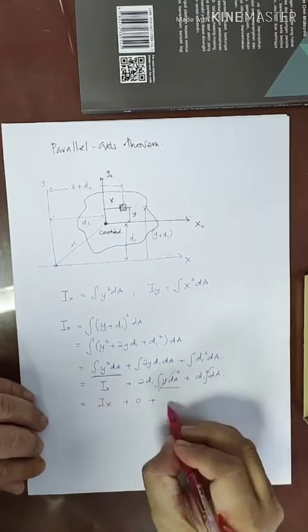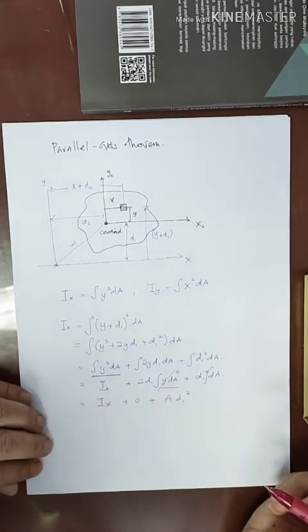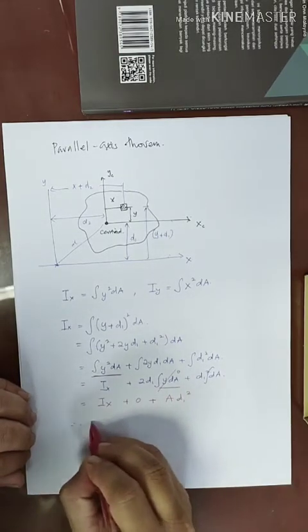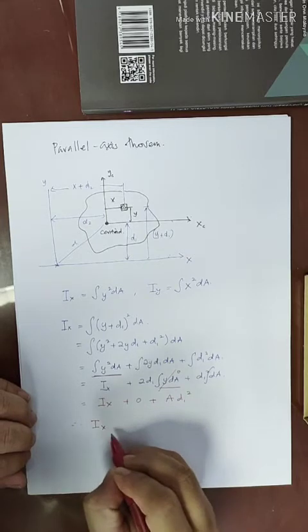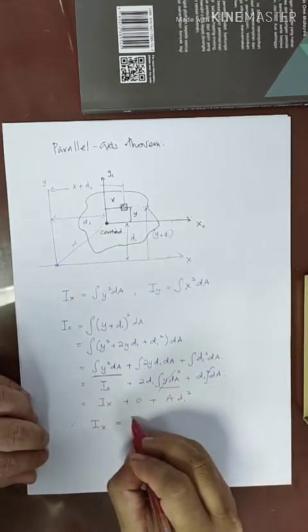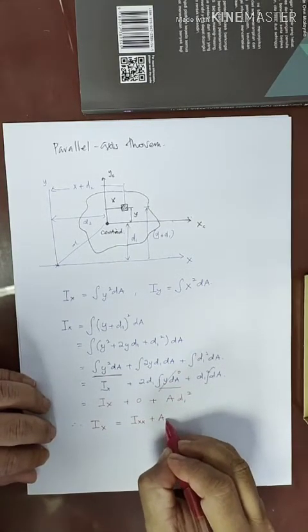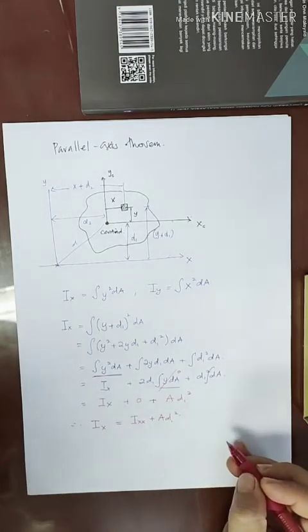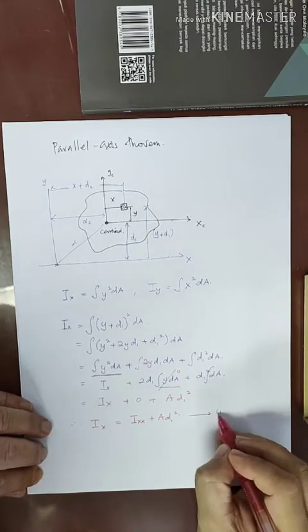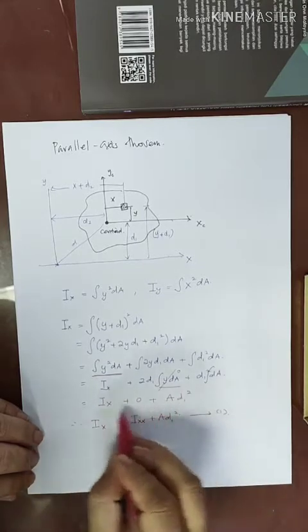So you have here the integration of d1 squared dA. So finally the Ix is equivalent to Ixx plus A d1 squared. So this is the final one.